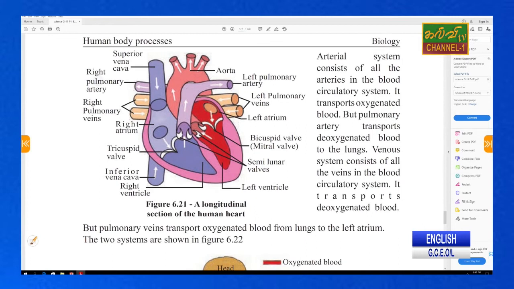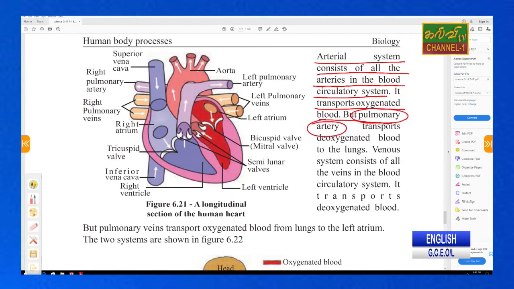Here, the arterial system, right? Arterial systems consist of all the arteries in the blood circulatory system. They transport oxygenated blood. We already studied. But the pulmonary artery transports deoxygenated blood.